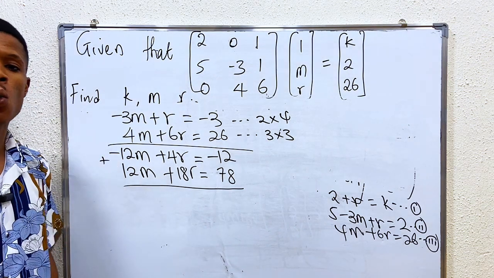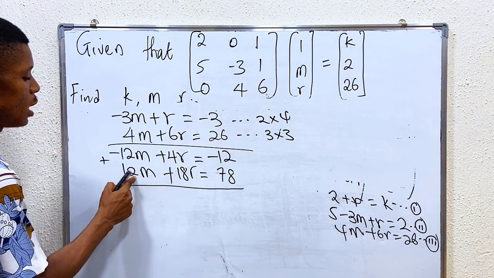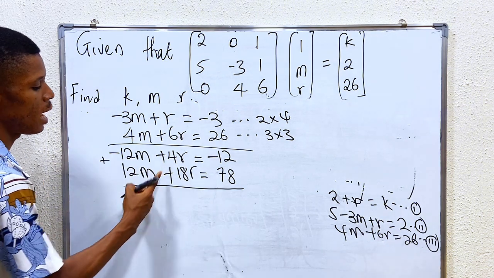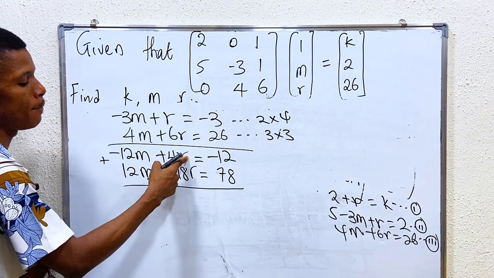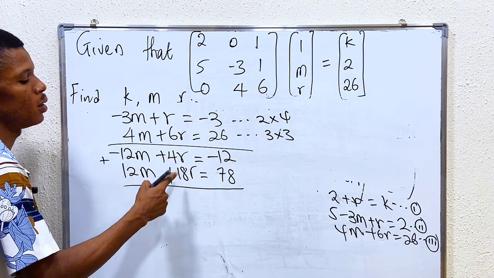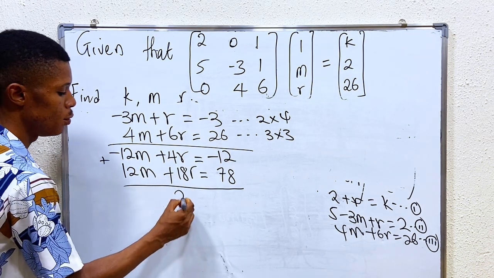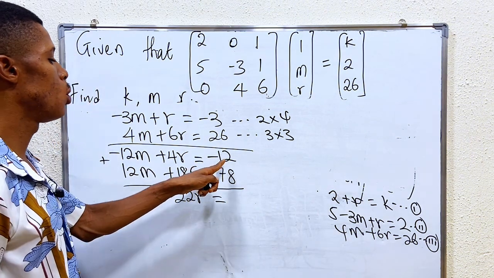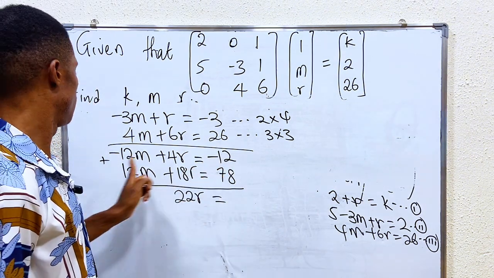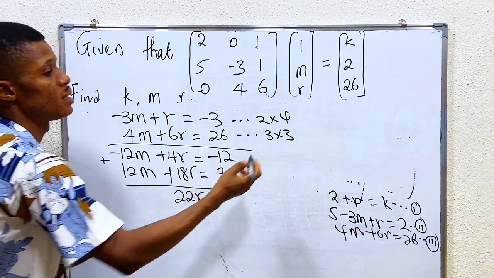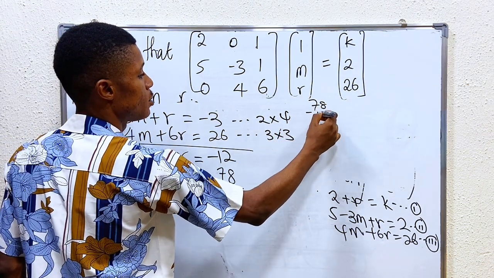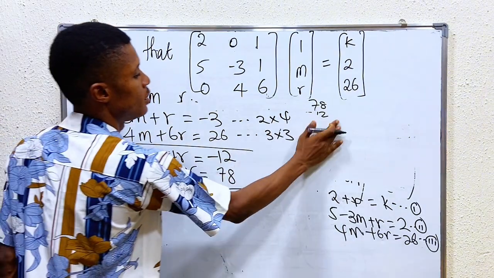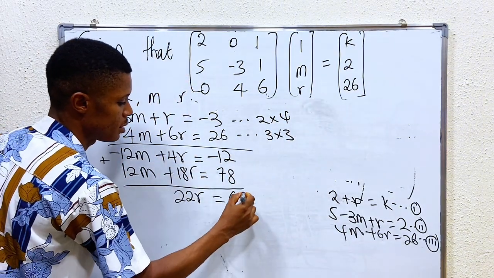If I add the two equations, the m terms become 0. That means m is eliminated. I have 4r plus 18r, which is 22r, and this equals minus 12 plus 78, which is 66.